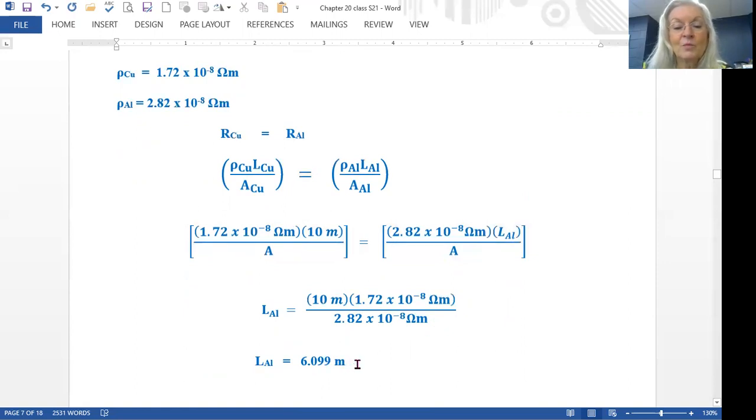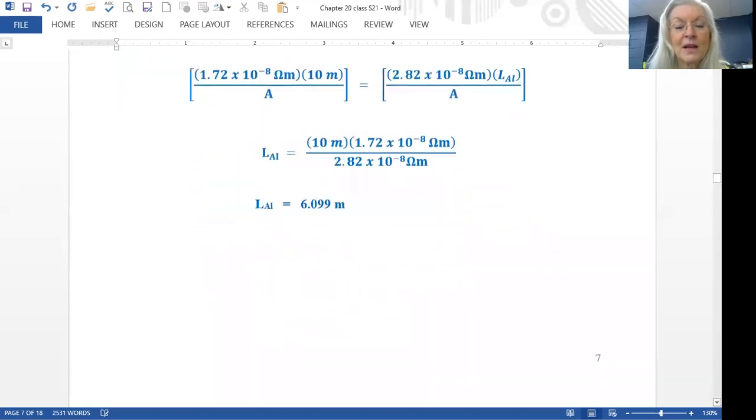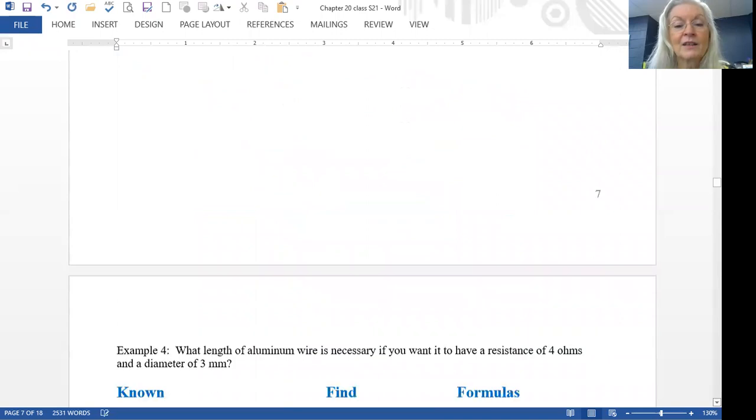And when you do the arithmetic, it's 6.099 meters. You probably could have rounded this off to 6.1, but in general, if we're dealing with numbers with at least two digits to the right of the decimal, that's how many I'd like to see. All right, so we have a calculation for the length of the aluminum.